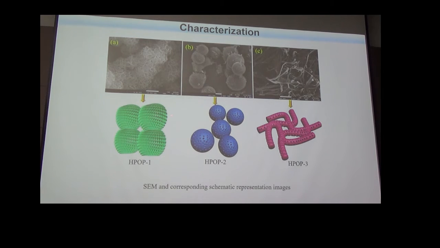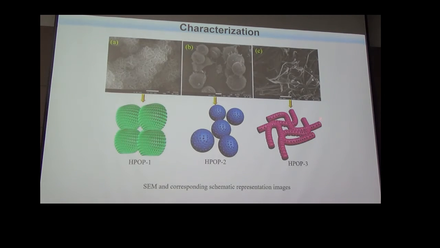As we can see here, the HPOP1 material has a foam-like structure with a particle size of nearly 10 micrometer, whereas the HPOP2 has a spherical nature with a particle size of nearly 1 to 2 micrometer, whereas the HPOP3 has a unique morphology, that is a fiber-like structure with a particle size of maybe 10 to 15 micrometer and a particle width of around 50 nanometer. These are the illustration images drawn using 3D software.